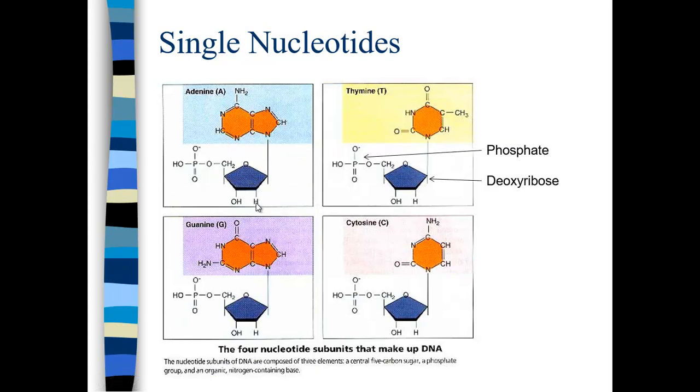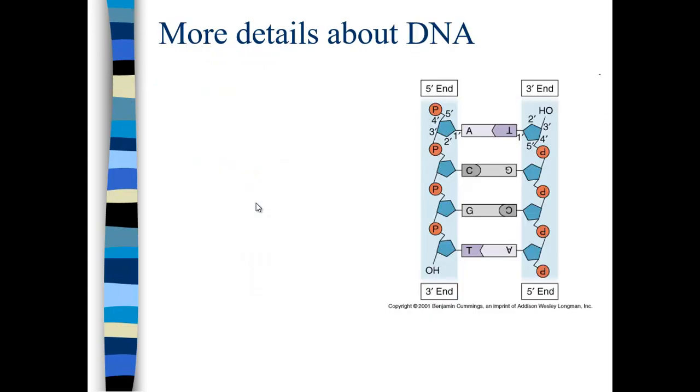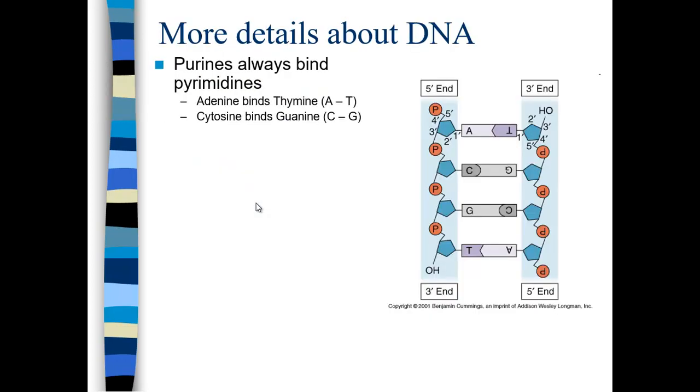So we have phosphate, deoxyribose, and nitrogenous bases. A double ring base is called a purine, and a single ring base is called a pyrimidine. Purines always bind pyrimidines, so A always binds T, and C always binds G.